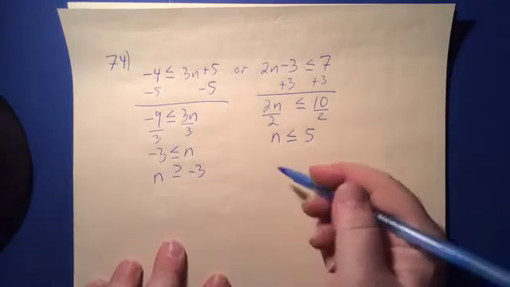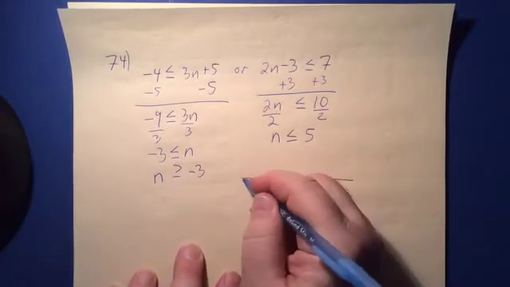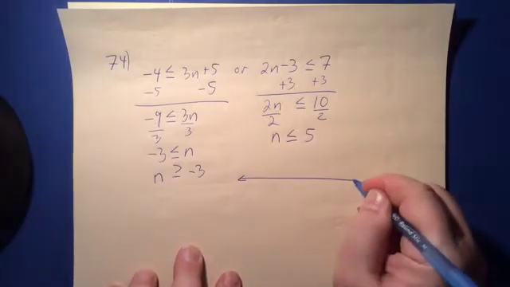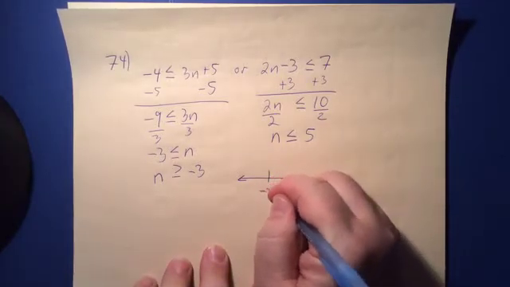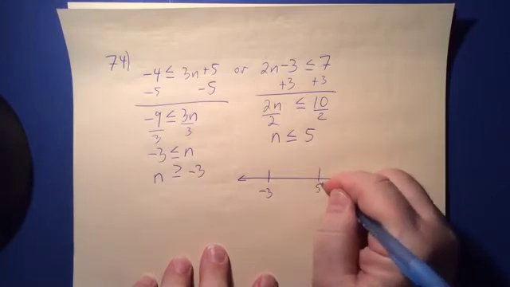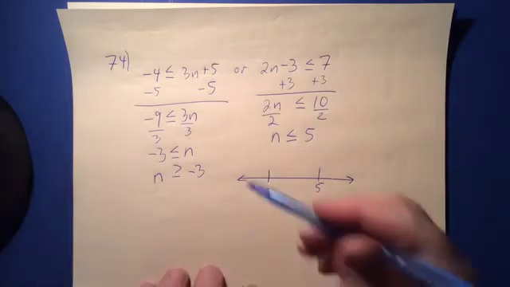So we're going to put this on a number line. So we have negative 3 over here. We have 5 over here. So we're going to graph these.